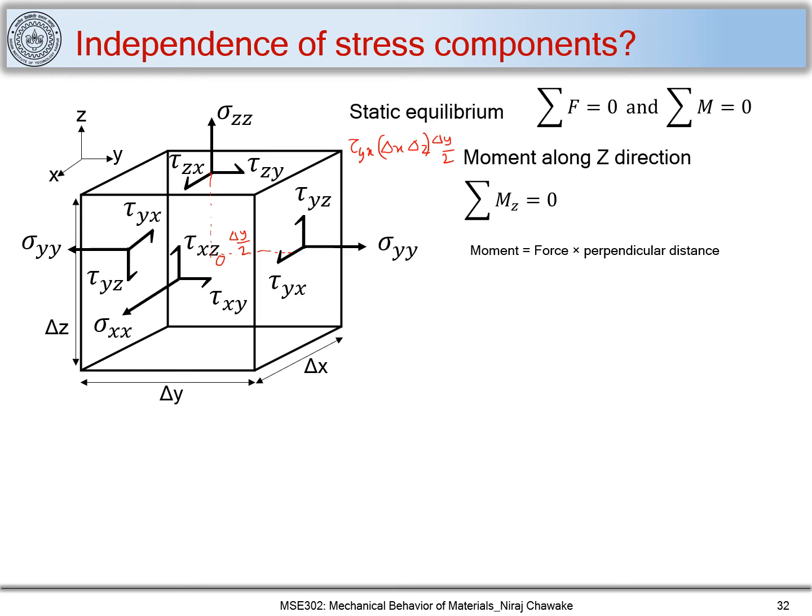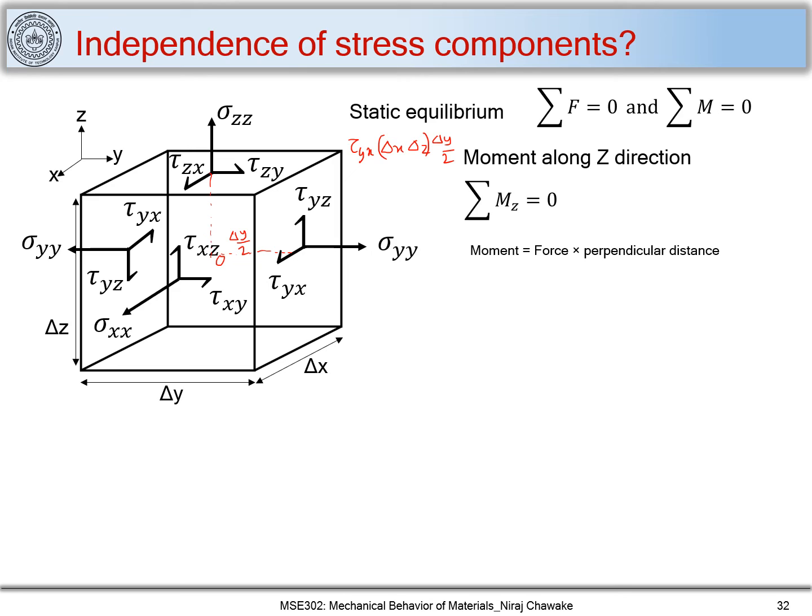Similarly, let's look at how the moment is happening. If I have tau yx, which is also acting along this direction, this also will create a moment along the z direction. You can see that this tau yx is trying to move this element in the clockwise direction.